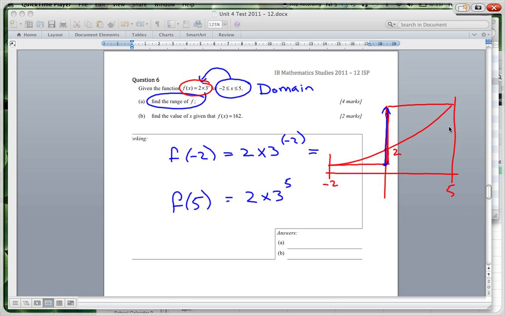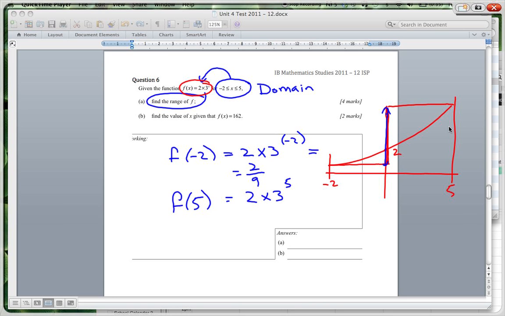So what is this equal to over here? What's 2 × 3 to the power of minus 2? All right, so it's going to be 2 over 9, isn't it? Because 3 to the minus 2 is 1 over 3 squared, and 1 over 3 squared is a ninth.